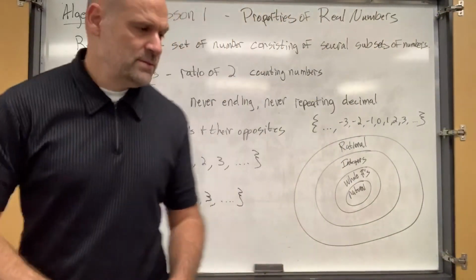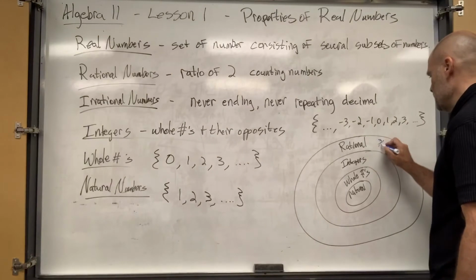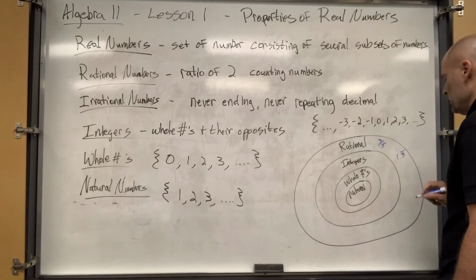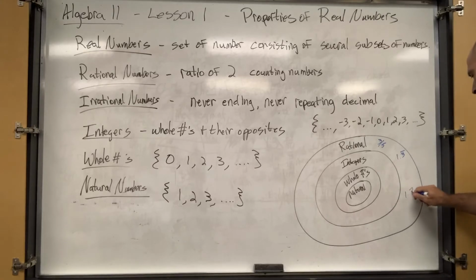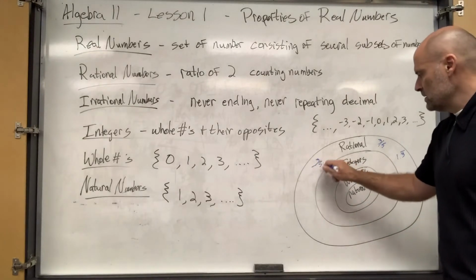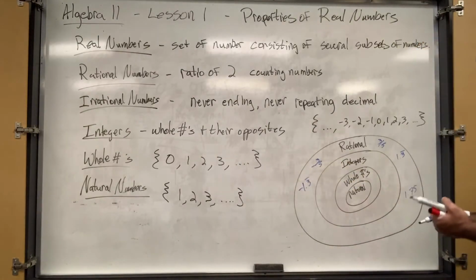Okay, so some examples that are in rational numbers are like 3/5, 1.3 repeating, 1.75, all these, even negative 3/5, and negative 1.3 repeating.